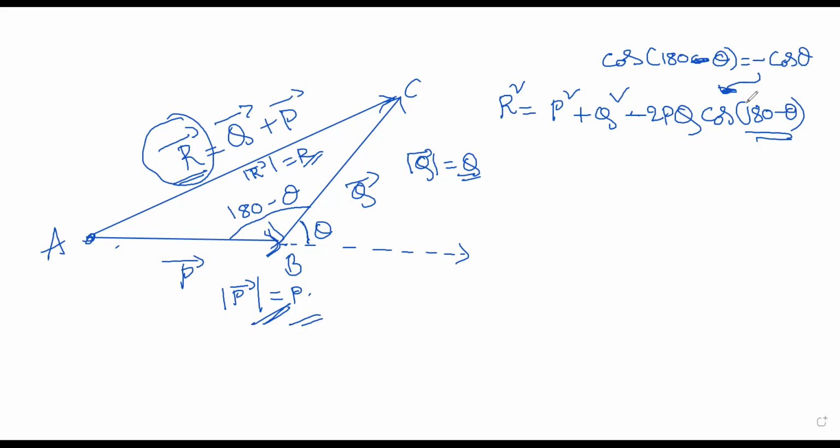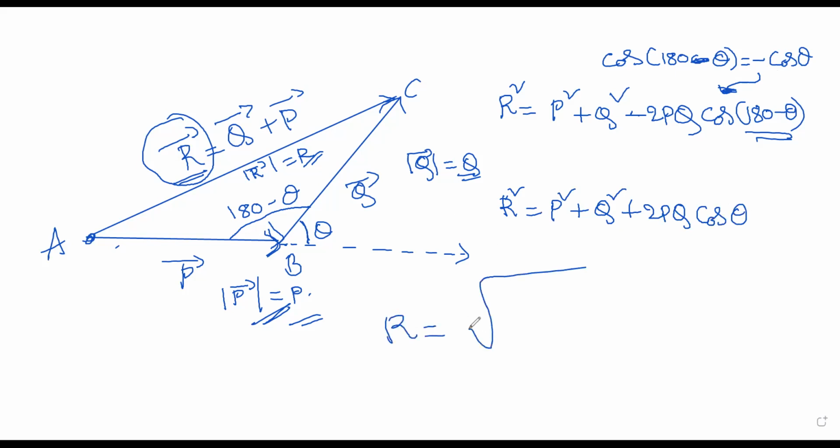When you plug in minus cos theta, that's the reason you get R square equal to P square plus Q square plus 2PQ cos theta. It looks like the cosine rule, but the actual cosine rule has the negative sign. When you write the cosine rule to generate the resultant of the vectors, you get the plus over here.